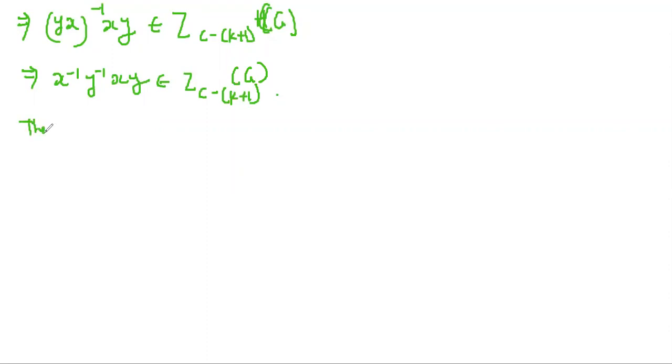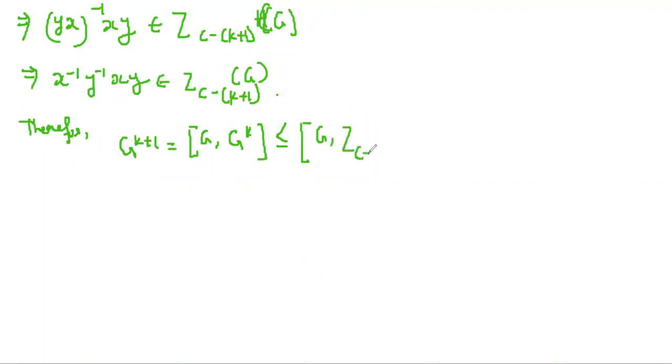Therefore, G_{k+1}, which was the commutator subgroup of G and G_k, which was a subgroup of the commutator subgroup of G and Z_{c-k} G, we have now proved is a subgroup of Z_{c-k+1} G. Hence our induction process is done.